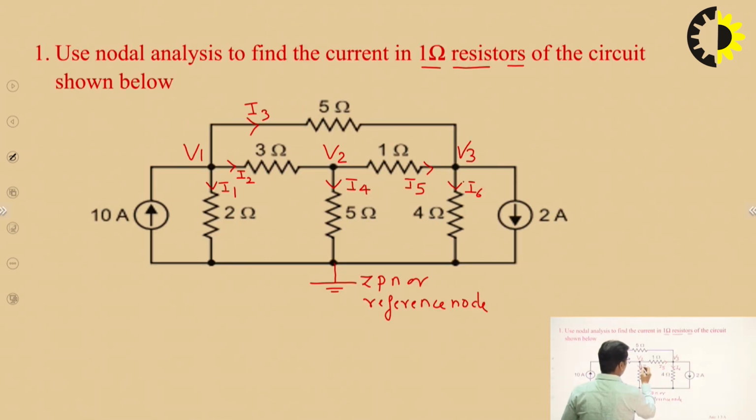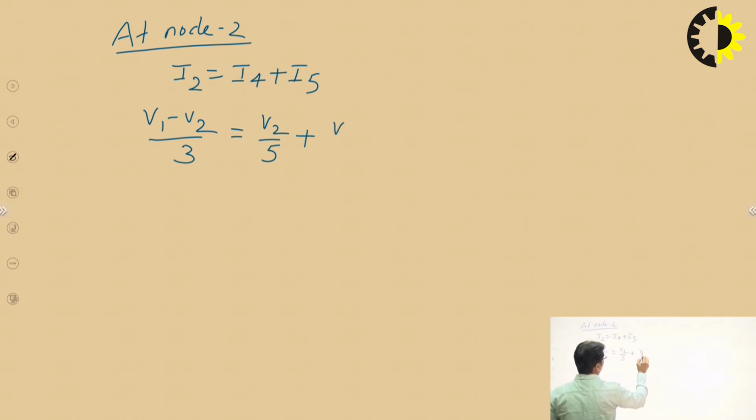I5 is the current in this branch of 1 ohm, that is (V2 minus V3) upon 1.